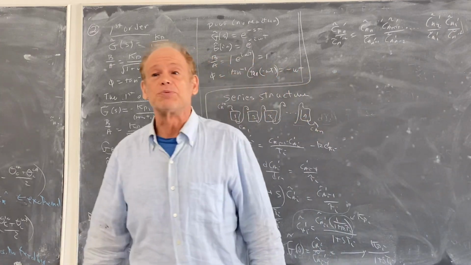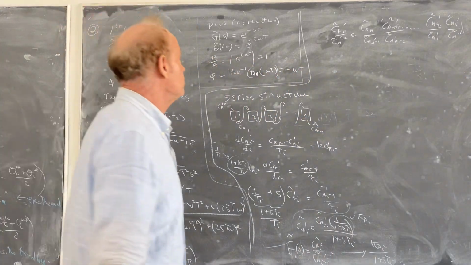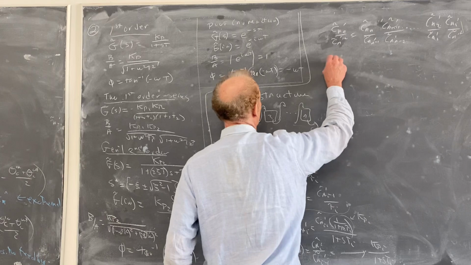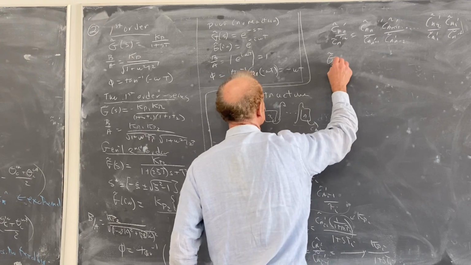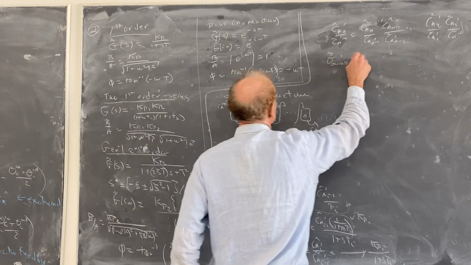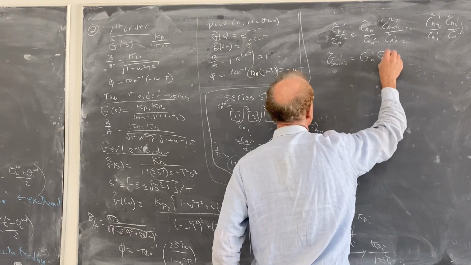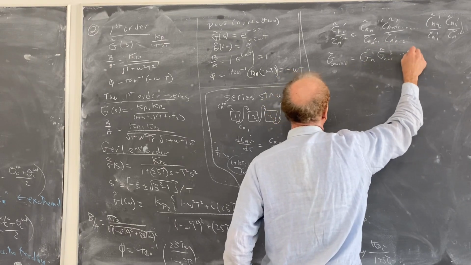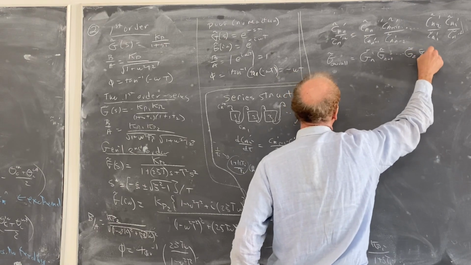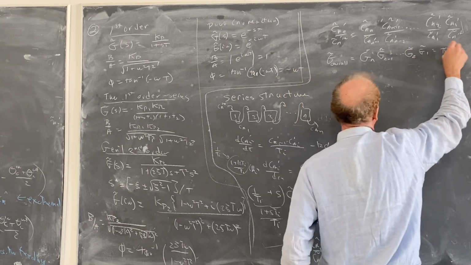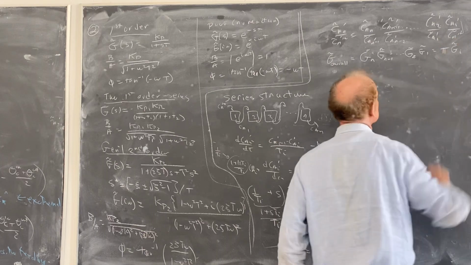All I did is multiply and divide by the same thing a bunch of times. And this is G overall. It is just equal to Gn tilde, Gn minus 1 tilde, dot dot dot G2 tilde, G1 tilde, where this is just the product of the GI tildes.